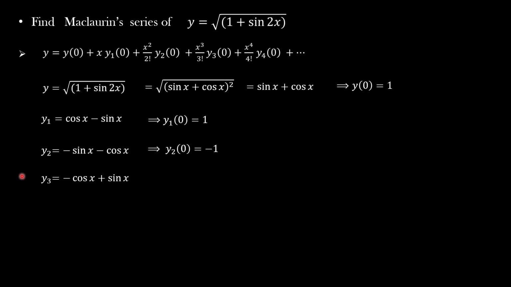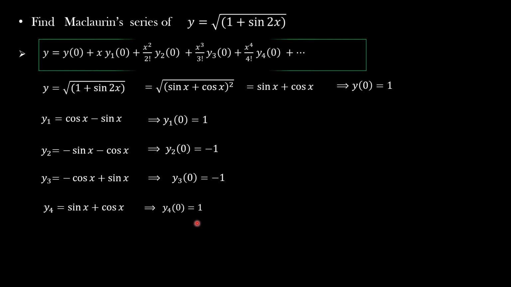Similarly, y3 is equal to minus cos x plus sin x, which implies y3 of 0 is minus 1, and y4 is equal to sin x plus cos x, which implies y4 of 0 is equal to 1.